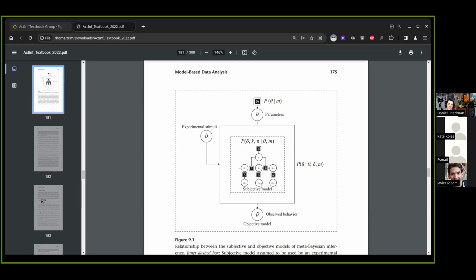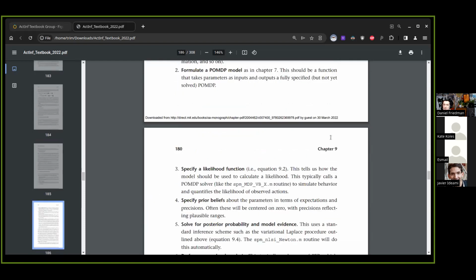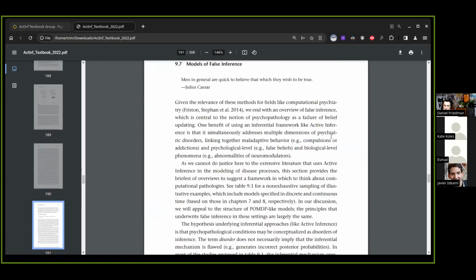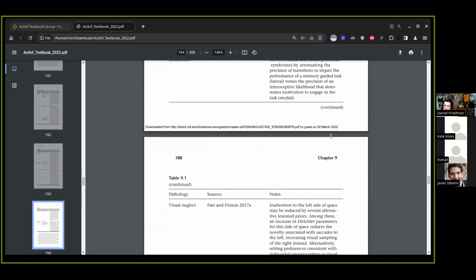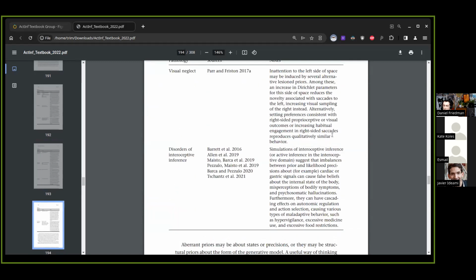Does anyone have any thoughts or questions, or what they might want to explore next week in this? Cool.